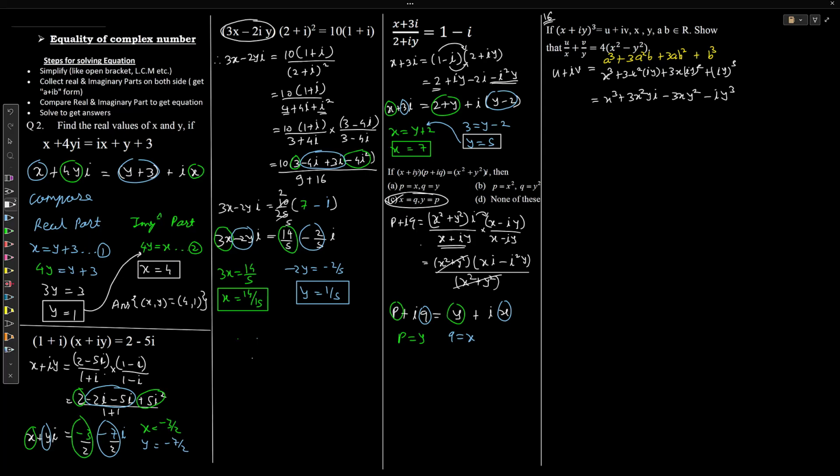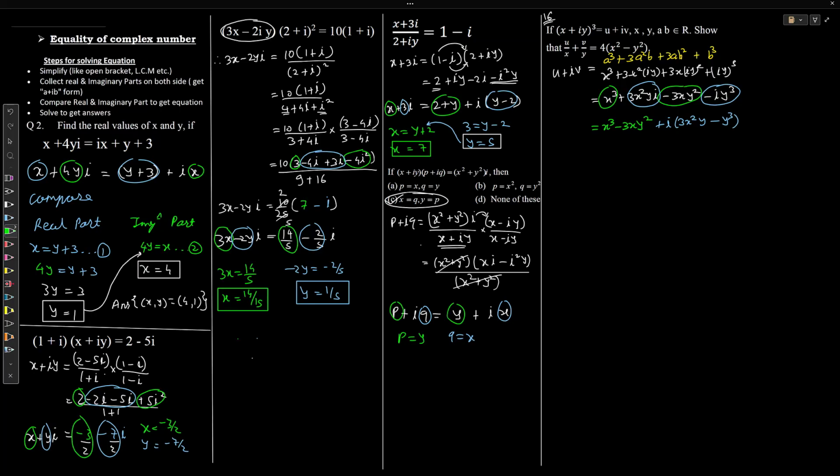Okay. Now let's collect real parts, which are x³ and -3xy². And from rest of the two terms, we can take i common. So we'll get our imaginary part, which will be 3x²y - y³.